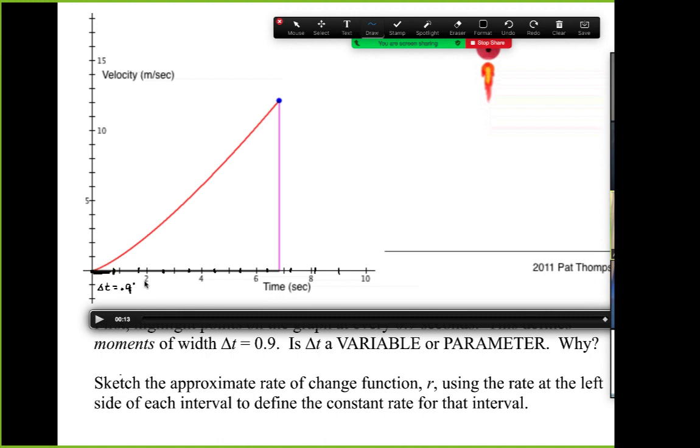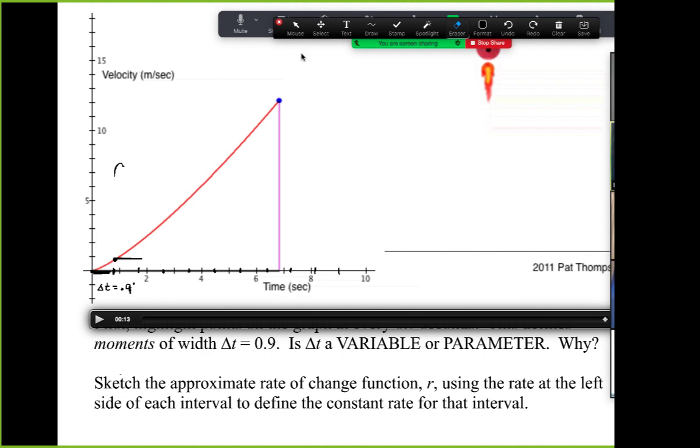Is it r of 0.9? So we're building the r function. It's this function taken at 0.9. Like the RV at 0.9, or v at 0.9. But no, it's not RV, because this is the quantity that we're accumulating.